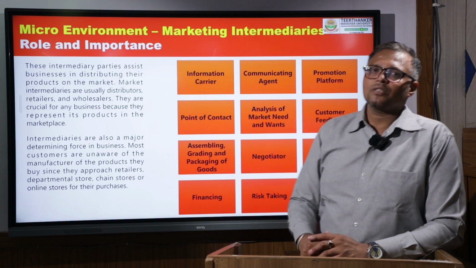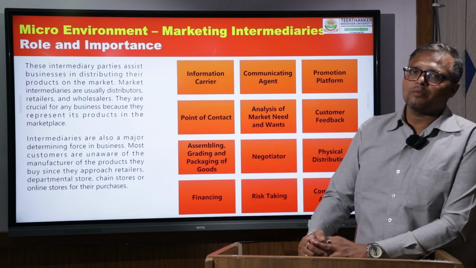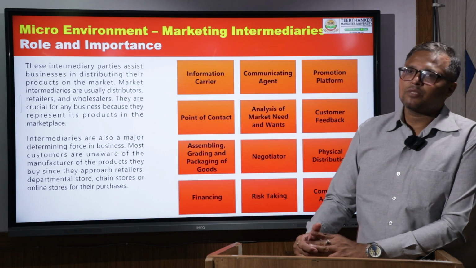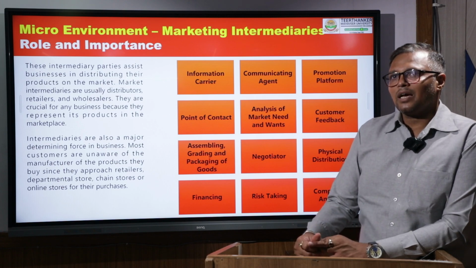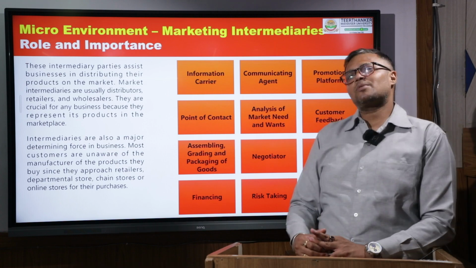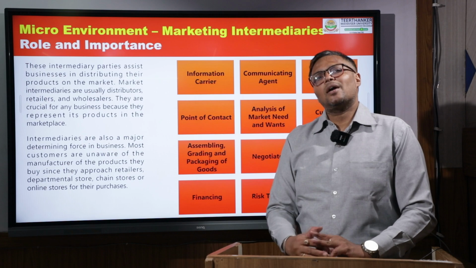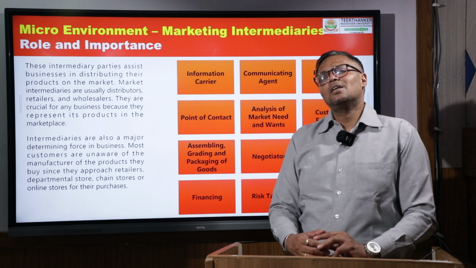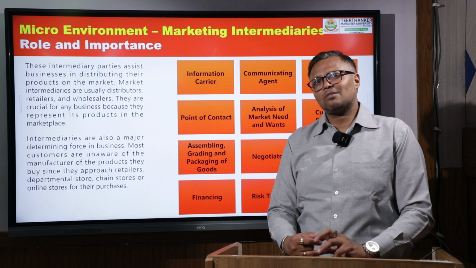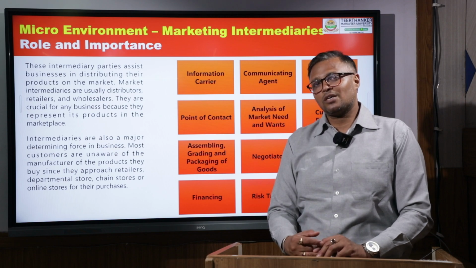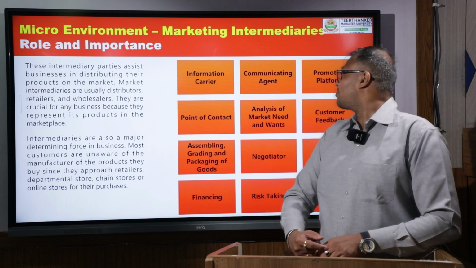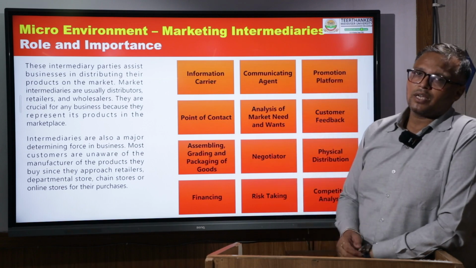These channel partners are marketing intermediaries which communicate on behalf of the company. They become like a spokesperson for the organization. They promote the products, they give the guarantee, they advertise the products, they advise the customers, they channelize things and distribute and further create the market for the company. So these channel partners are very important communicating agents.